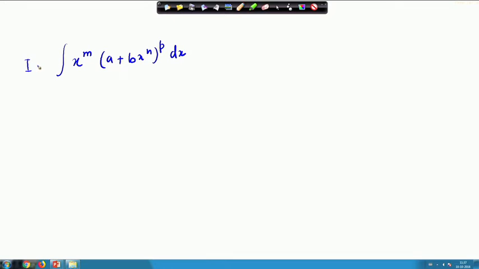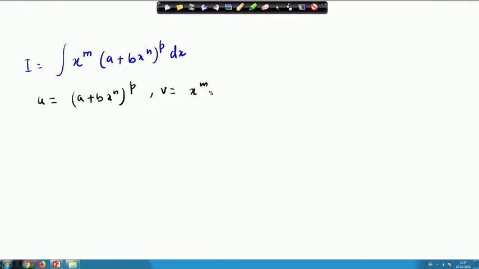So you may come across algebraic expressions or integrands of this type. In such cases, like we did earlier, you can substitute u equals (a plus b x to the power n) whole to the power p, and choose our function v as x to the power m, and then use the integration by parts formula. After doing some calculation, at the end we'll be able to obtain our required reduction formula of this type.